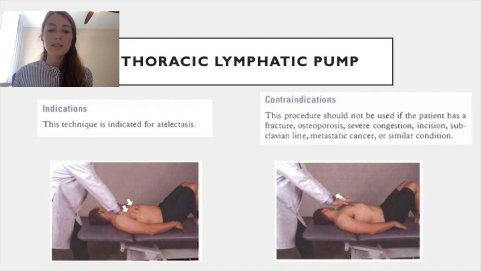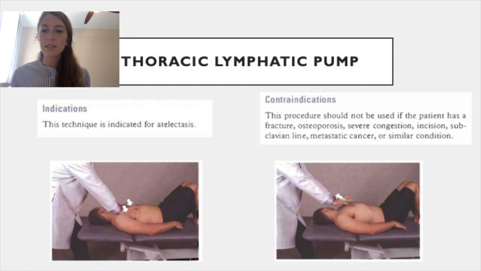And on the last time you tell the patient to inhale, the physician will suddenly release their hands, and that facilitates a very deep inhalation and can open up areas of atelectasis, again with that goal of increasing lymph flow. So I think that will be a good technique to end on for your patients.